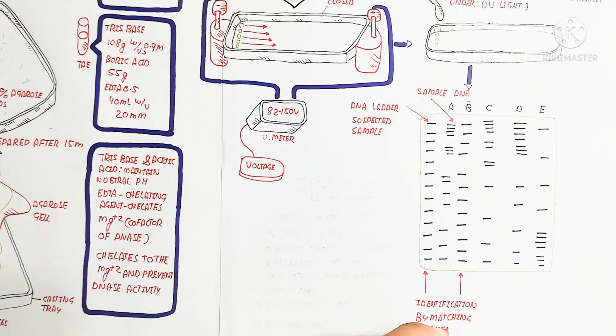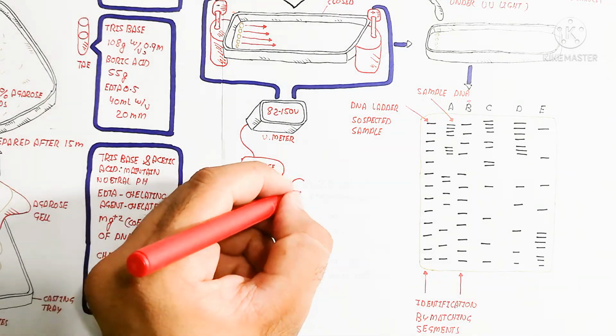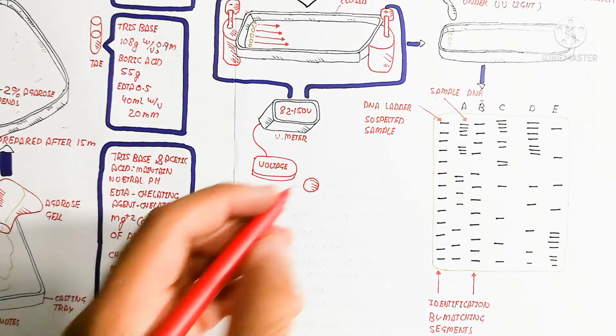We can check those cells from the hairs or something of the criminal. So here the B sample is matching very much, so we can confirm that the suspected person is the one containing sample B. So that is basically identification by matching of the DNA ladders.